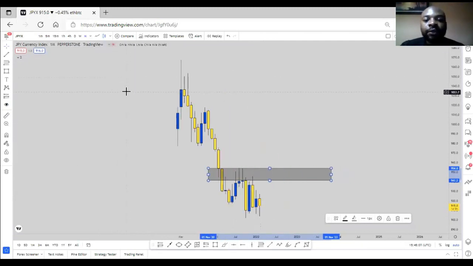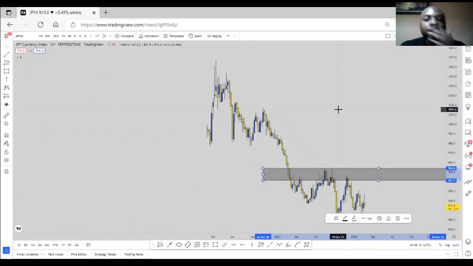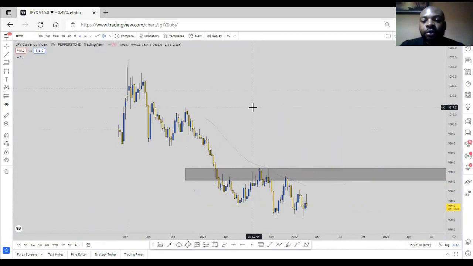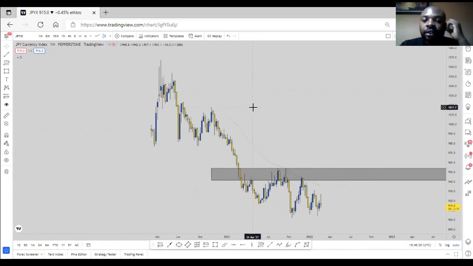I want to check out the monthly chart, then I also want to go to the weekly chart. I think for the yen, generally speaking, we don't have enough data, but we can still make do. When the higher time frame is not giving you enough data to work with, you can actually step down lower.